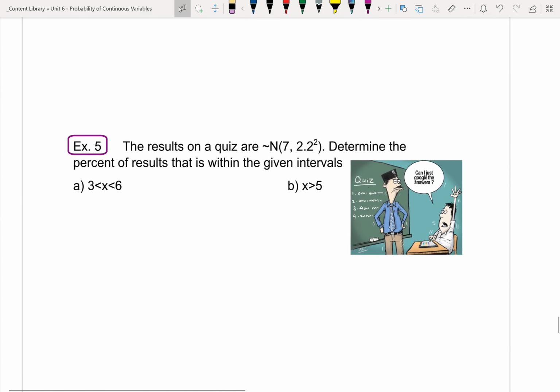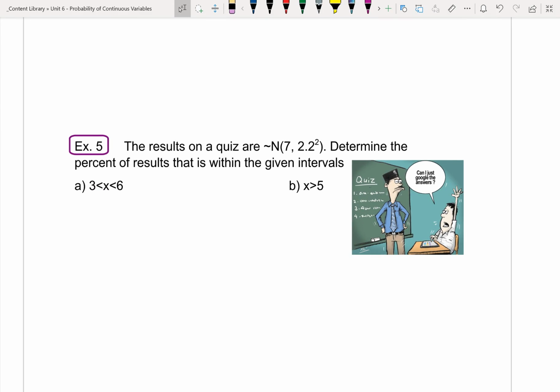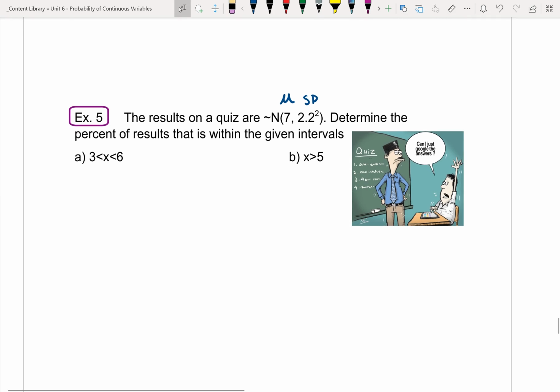Example 5, same idea, except now we're looking at intervals. The results of a quiz are normally distributed, and they have a mean of 7 and a standard deviation of 2.2. We want to determine the percent of results that is within the given intervals. So if I look at A, I want to find what percent of results are going to be between 3 and 6.